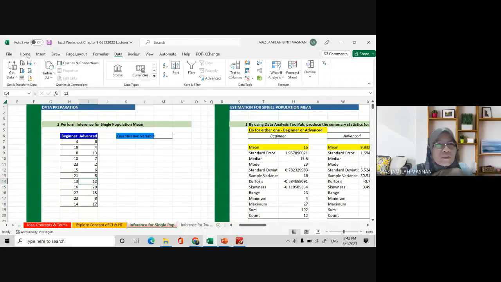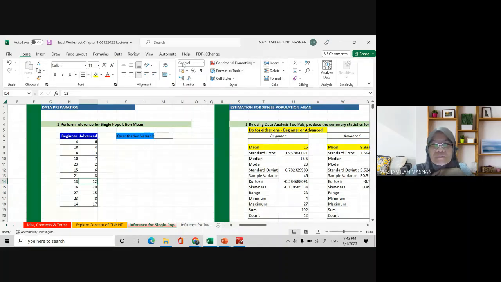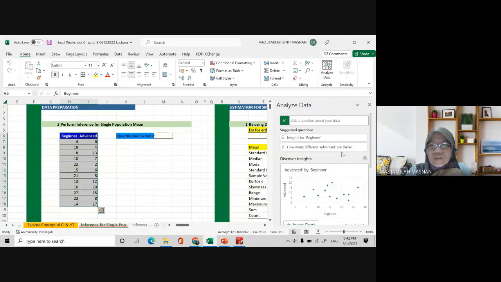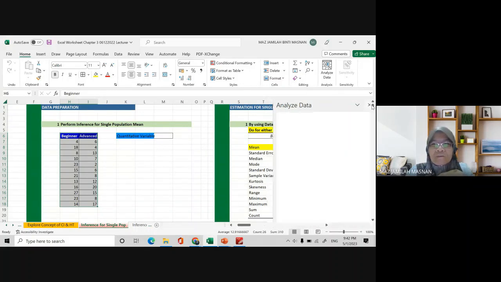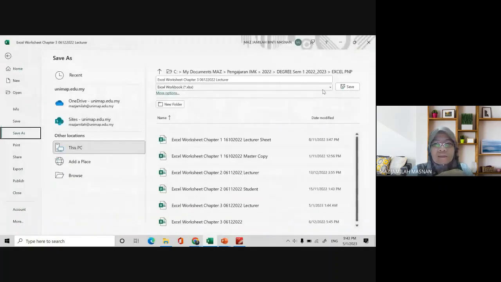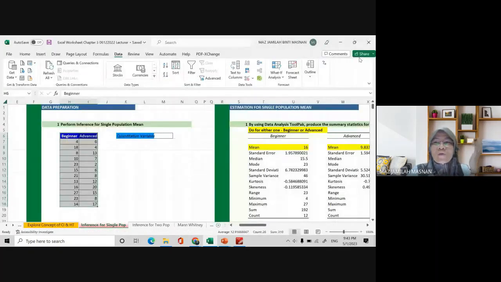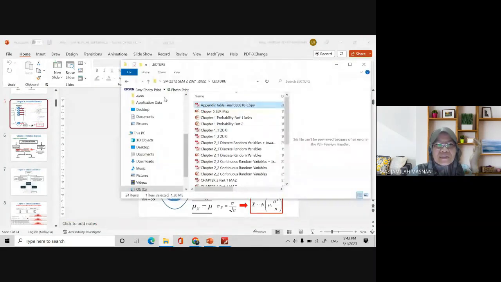Why suddenly is this not there? It should be under data. Go under data, it should be at this side, data analysis. Okay, let me do it this way. I just save, and then I close and I go back again so that hopefully it will be there.